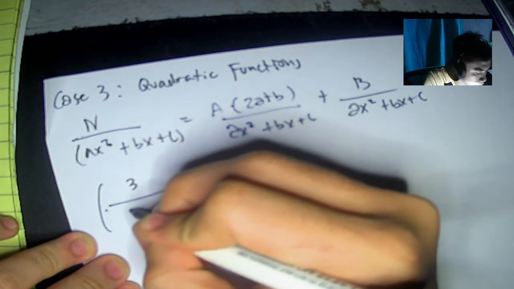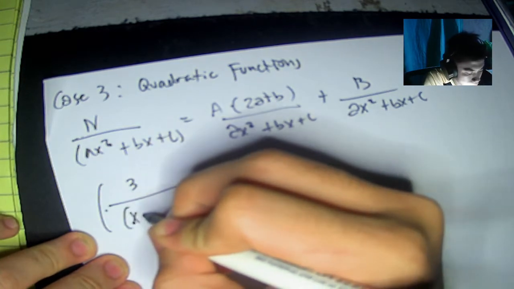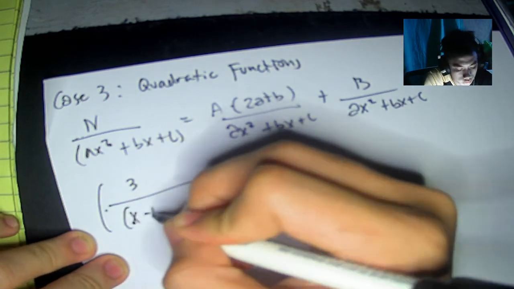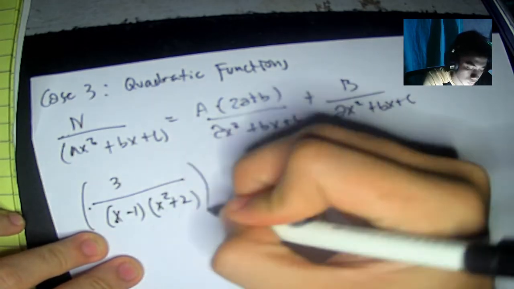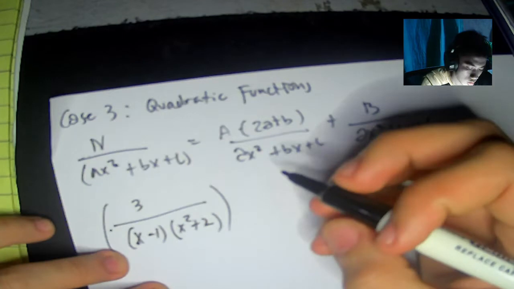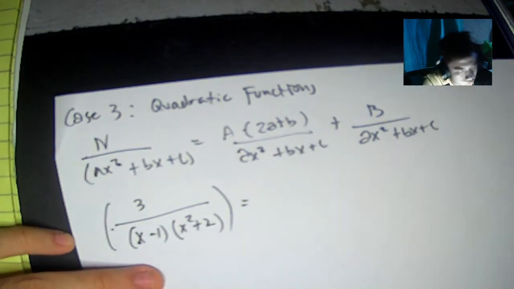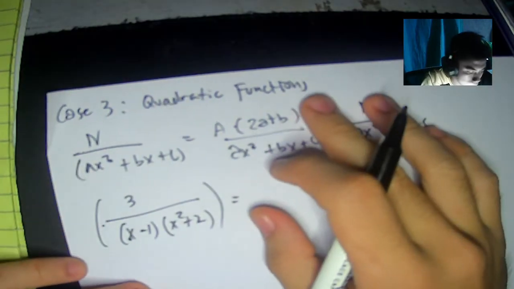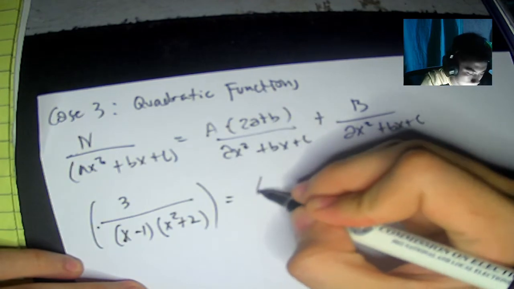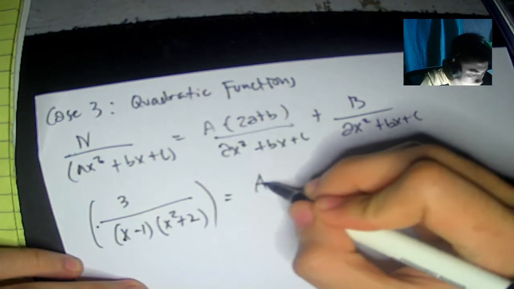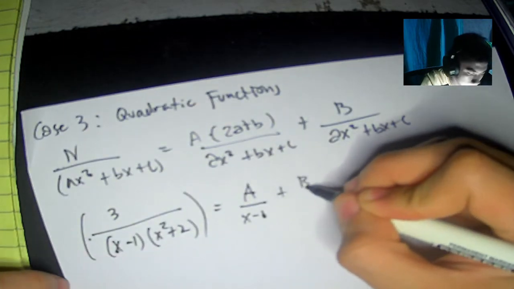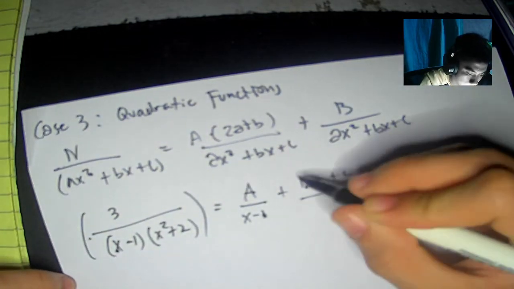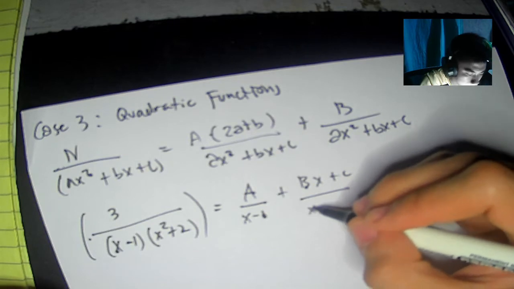Stick with 3 again. So x minus 1, let's do x minus 1, x squared plus 2. We'll use the same technique as we did in the second part. So it is equal to a over x minus 1, plus bx plus c over x squared plus 2.